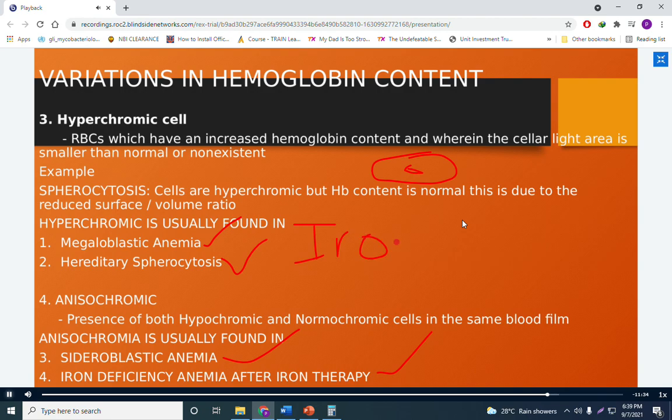Or anong tawag dun sa supplement used for treating iron deficiency anemia? What do you call the supplement used to treat your iron deficiency anemia?